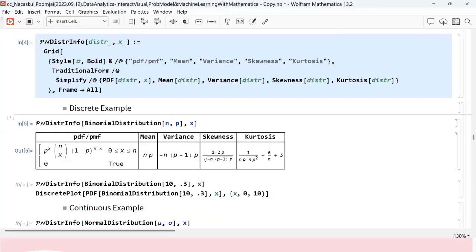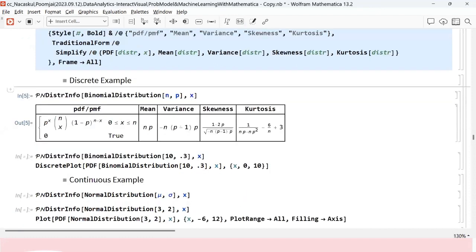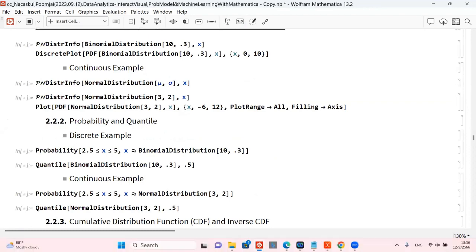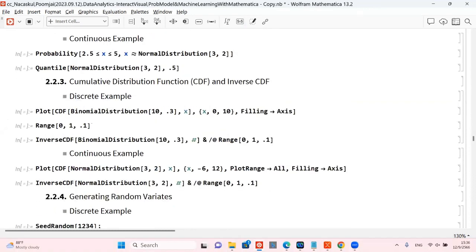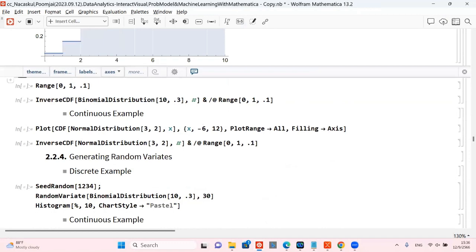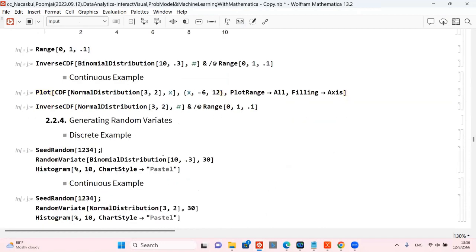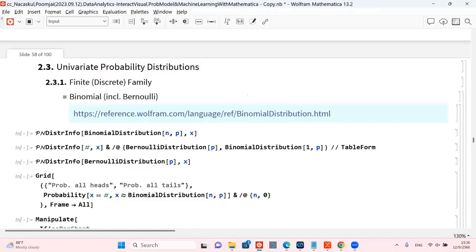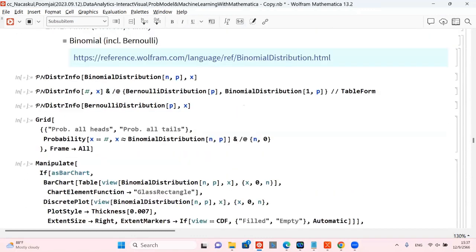By the way, you can go home and play with this. This is all the 10 that I have, binomial distribution, this is all in here, right? So you can shift, and this is sort of what you saw just now. These are Bernoulli, binomial.